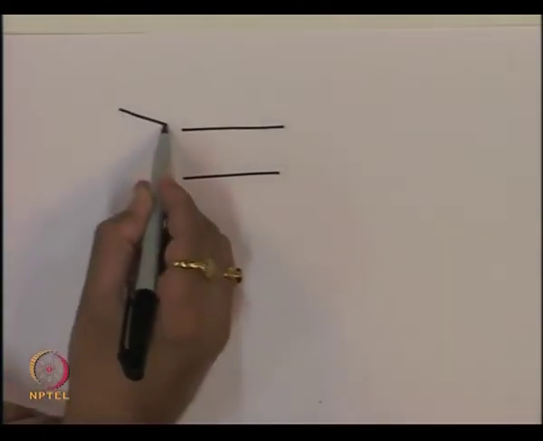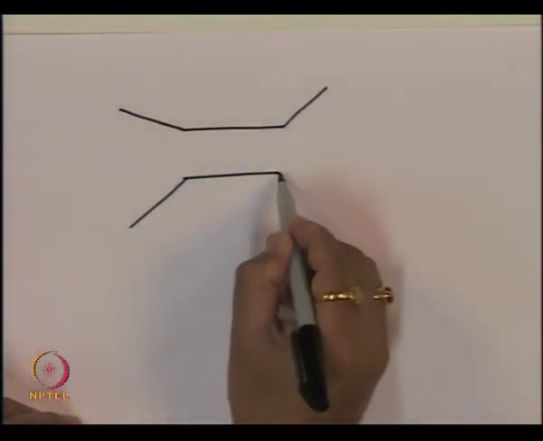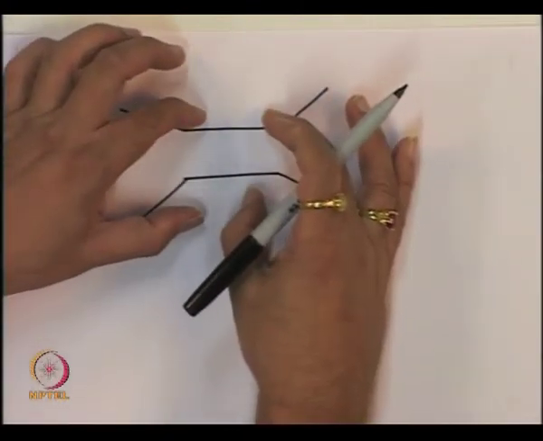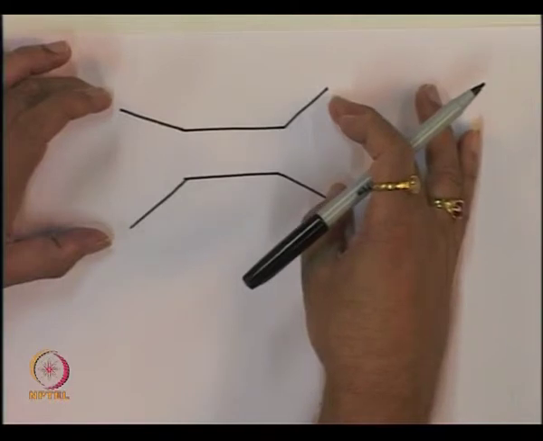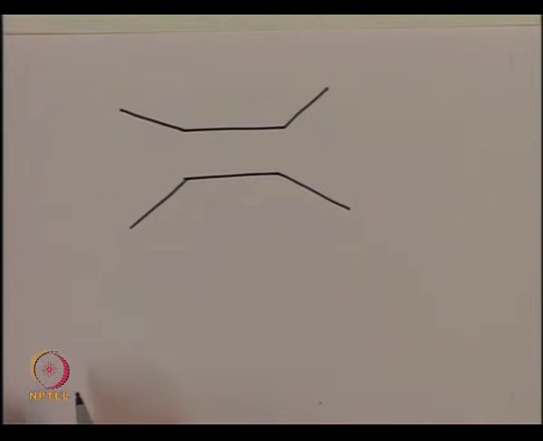The waveguides come from here, and they are made to couple with each other. Since they are very close to each other, the interaction will take place. Then if you separate them out, the separation between them is very large, so no interaction will take place between them.